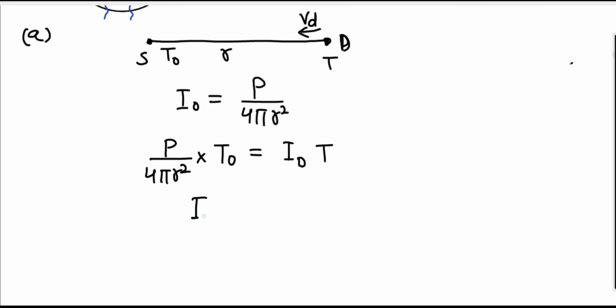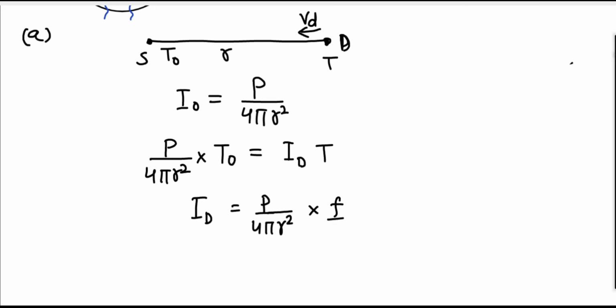From here we can write I_D will be equal to P by 4 pi r square into t naught by t, which can also be written as f by f naught, the frequency observed over the original frequency of the source.